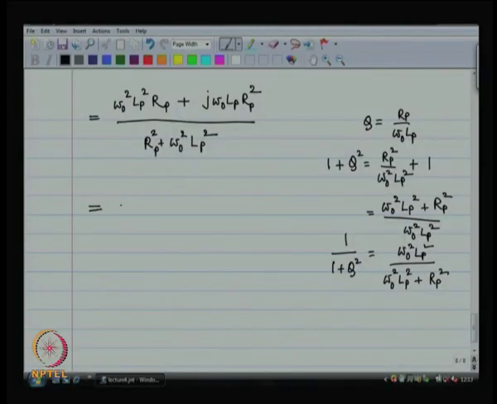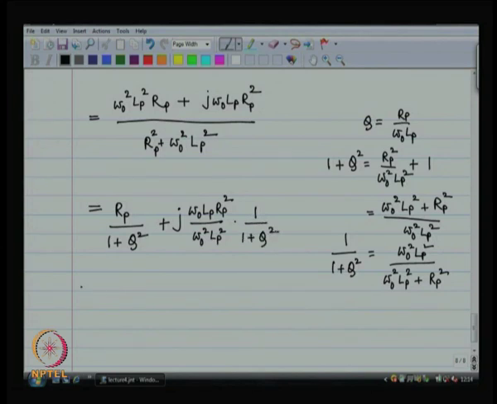So, this quantity is equal to Rp times 1 by 1 plus Q squared plus j times omega 0 Lp Rp squared divided by omega 0 squared Lp squared times 1 by 1 plus Q squared, right, which is equal to Rp by 1 plus Q squared plus j times Rp by omega 0 Lp whole squared by 1 plus Q squared, which happens to be equal to Q squared.